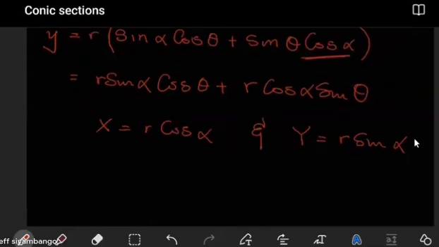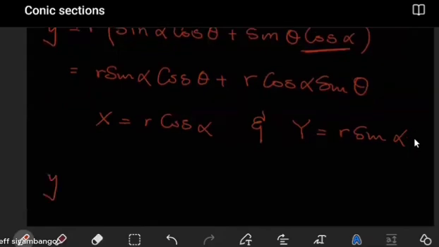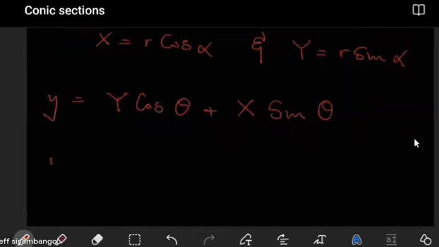When we make the substitution, we see that small y will be equal to, where we have r sine alpha, this becomes capital Y, cos theta, and where we have r cos alpha, that becomes capital X. So when we rewrite this, this becomes x sine theta plus y cos theta.